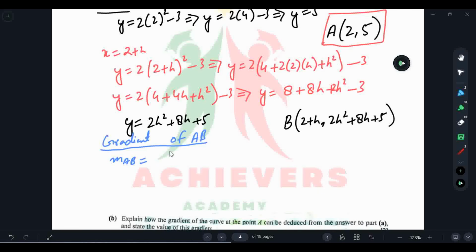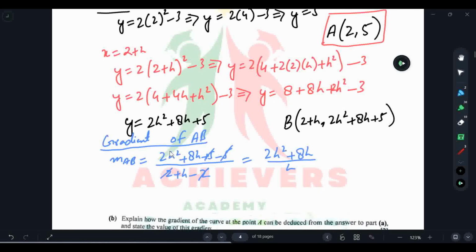The formula for gradient will be y2 minus y1, so 2h squared plus 8h plus 5 minus 5, whole divided by x2 minus x1. If we simplify it further, this will be 2h squared plus 8h whole divided by h, because we can cancel out these two.